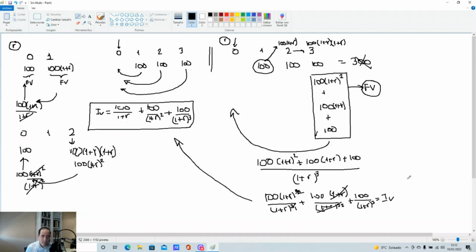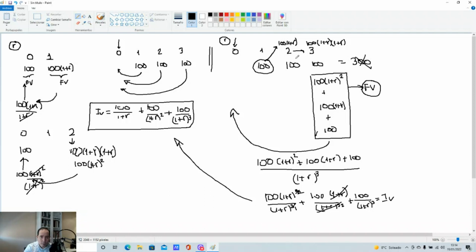You are taking the money in each year, and you are reinvesting in each year in other opportunities, and you are trying to take advantage of the compounding effect. The compounding effect is just that the same money is earning a return year by year. In this case, the first 100 is getting a return of 1 plus R at exponent 2, because it is reinvested in order to compound for two years of returns.